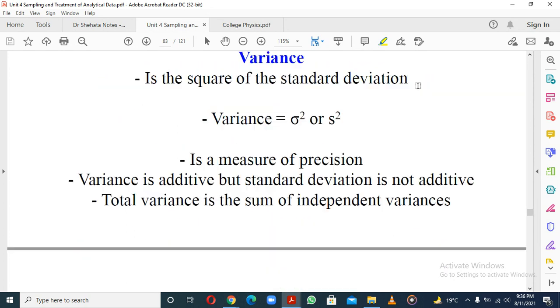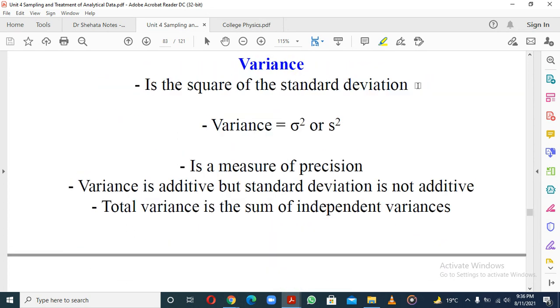Then there is a concept called the variance. Variance is just the square of the standard deviation. How they used to love bringing questions is they would give you the variance, and then in the question you are supposed to solve, you have to use standard deviation. So people would get stuck, wondering how to find it.